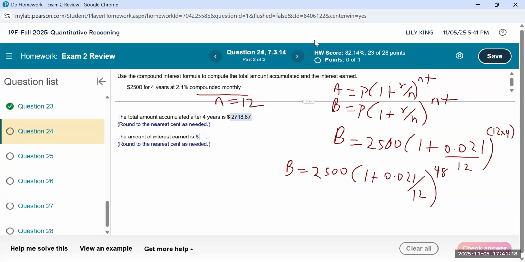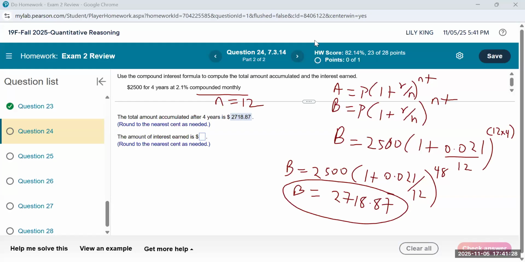Now remember that the amount here includes what? Interest. Okay, the amount that we found, which is 2718.87, this one includes what? Interest. You started with $2,500. At the end of the 4 years, this is your account balance.